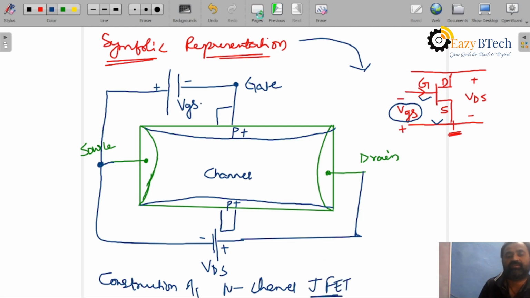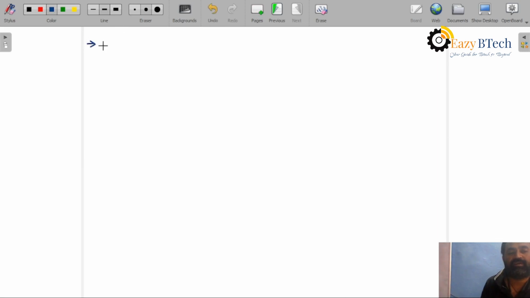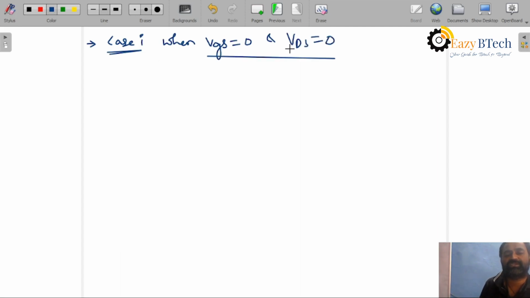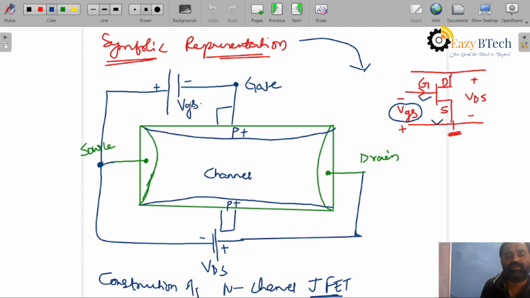Now you can see case 1, when VGS is 0 and VDS is 0. Here no voltage, here no voltage, here no voltage. Then what happens?